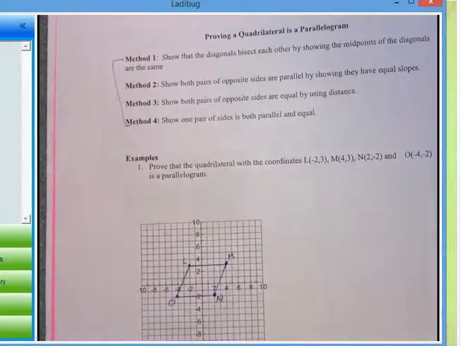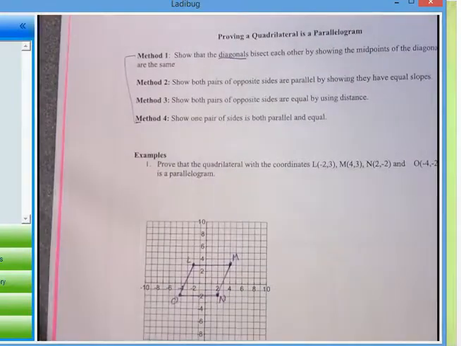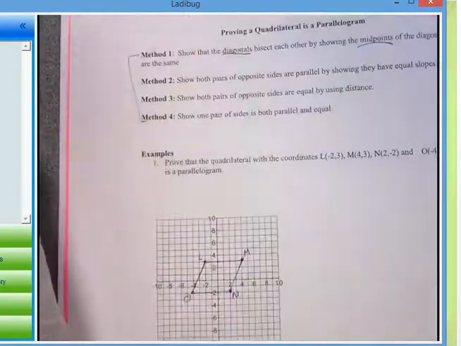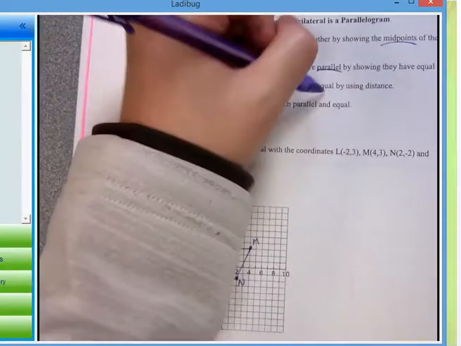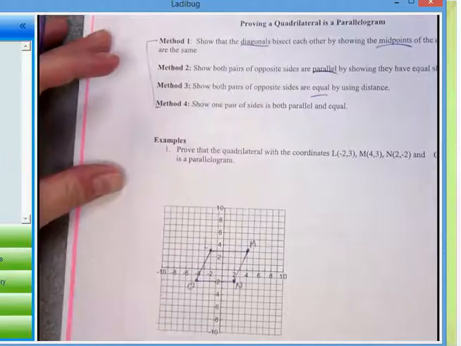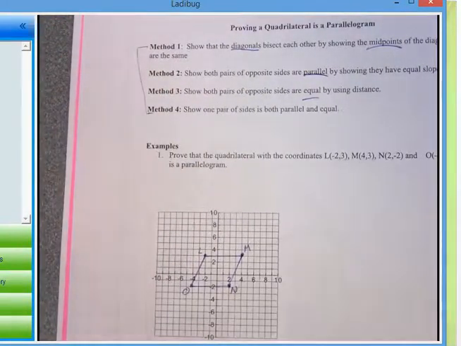What you really need to know is that you need to find the midpoint of the diagonals. So we'll do that. We need to find if the sides are parallel and equal. We do that by slopes and distance. So we just need to find all of that.